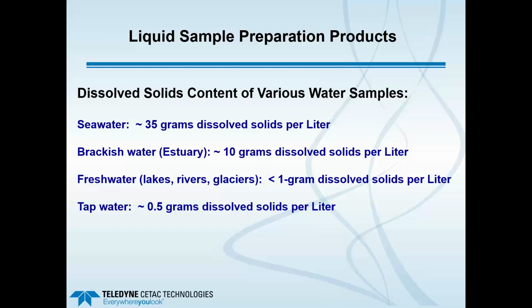That can have a wider range depending upon the estuary you're looking at, but in this case, about 1/3 of that of seawater. Freshwater, lakes, rivers, glaciers, less than a gram dissolved solids per liter. Tap water or drinking water is usually around 0.5 gram dissolved solids per liter. So it's the top two that we're often concerned about with this type of application.